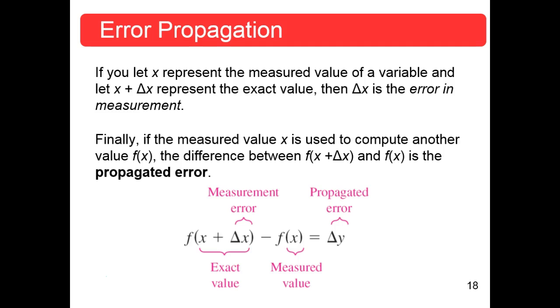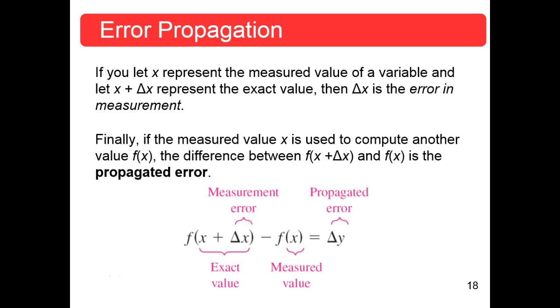So if you let x represent the measured value of a variable, and x plus delta x the exact value, goodness gracious, that's a weird way to express it. Let x represent the value of the variable. X plus delta x represents the exact value.